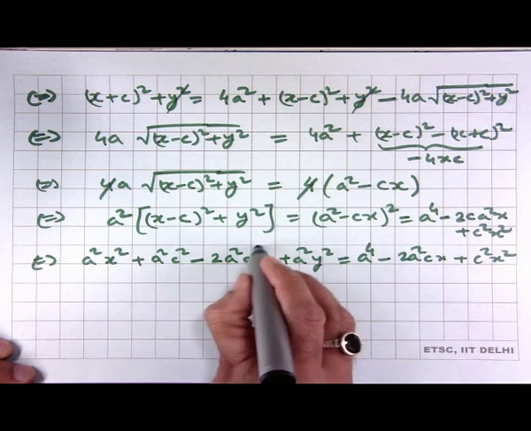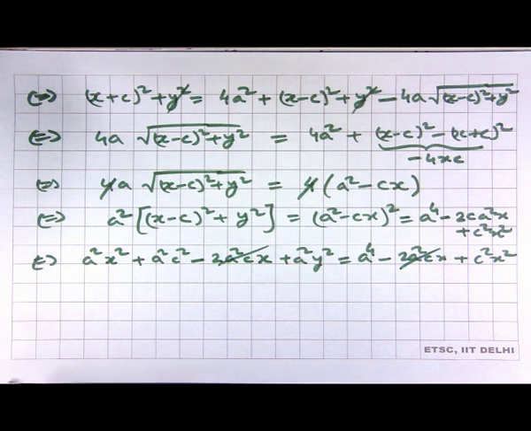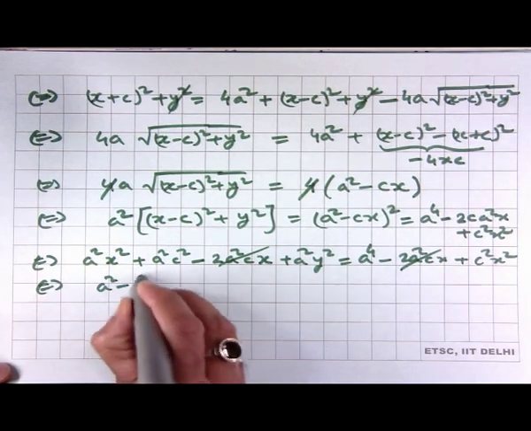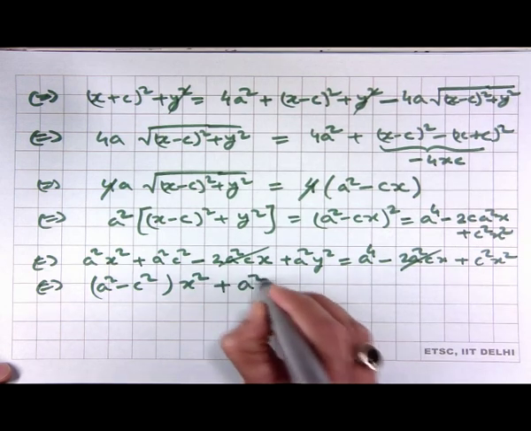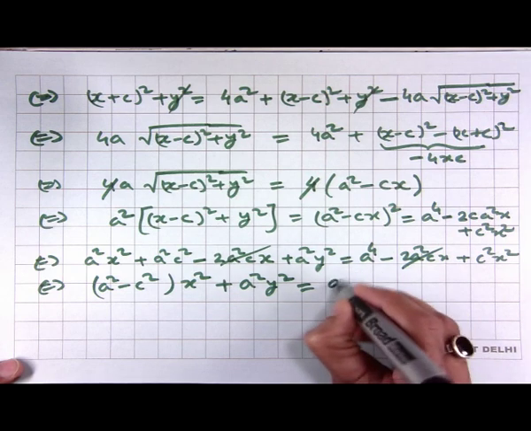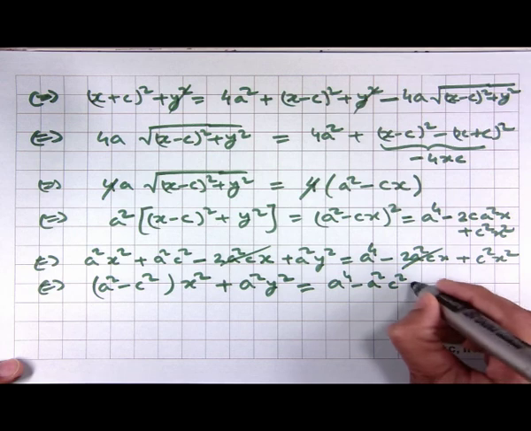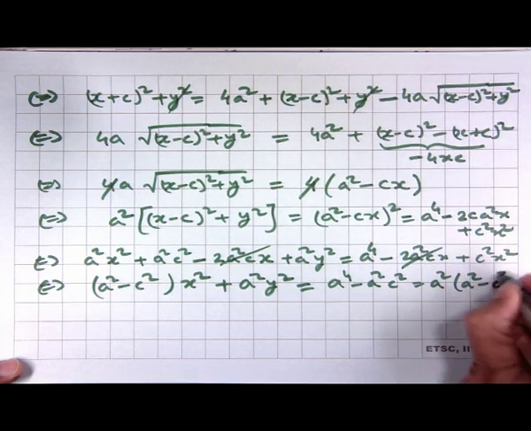We can cancel this term 2a square cx and then we get (a square minus c square) times x square plus a square times y square equal to a to the 4 minus a square c square, which is a square times (a square minus c square).